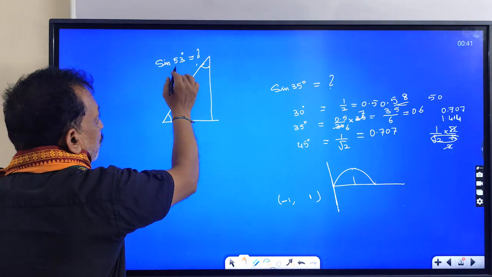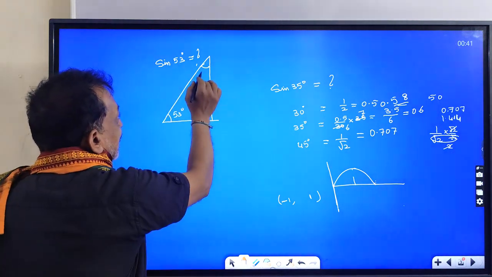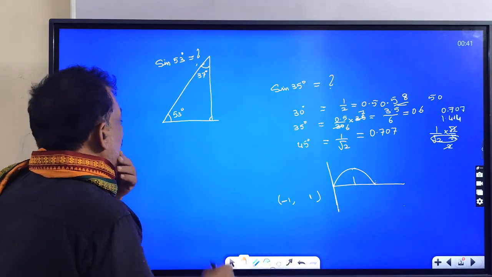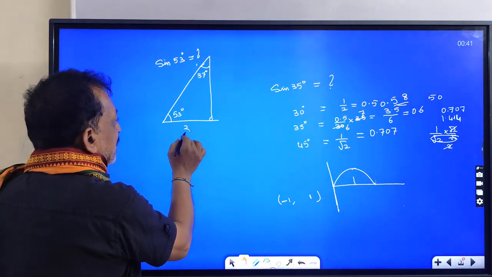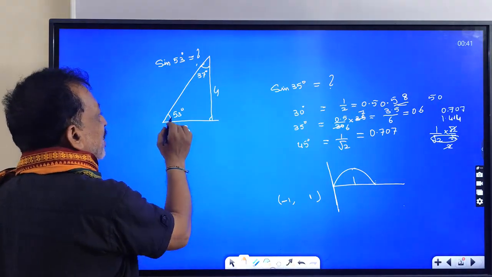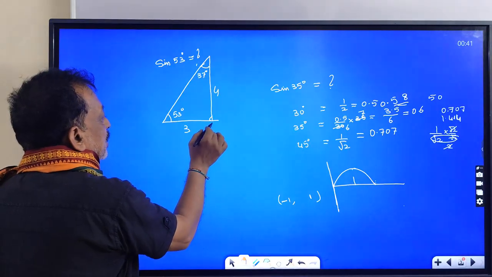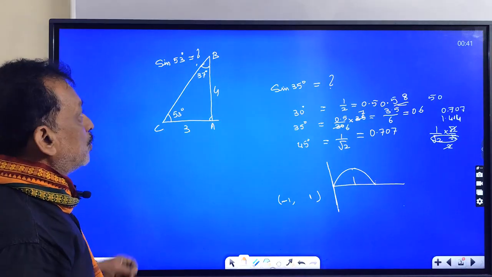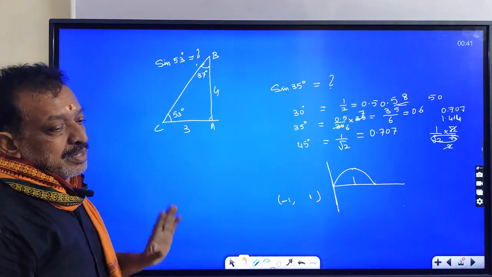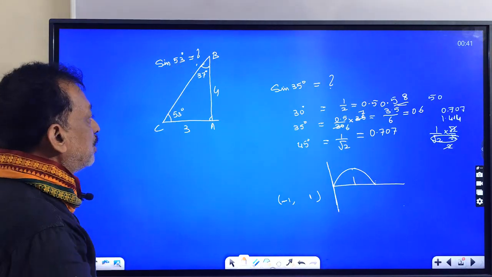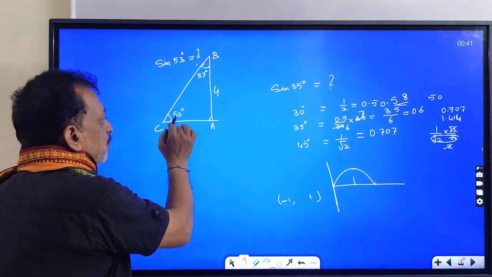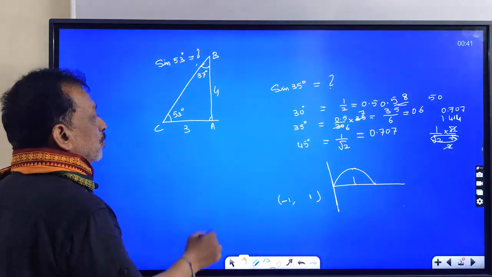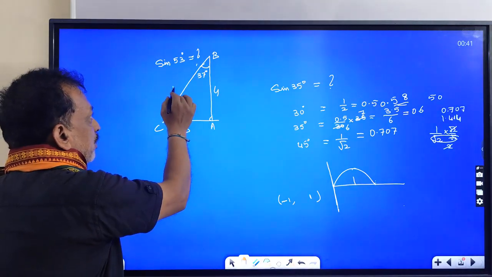This is 53, the next will be 37. This is a right angle triangle. Now this will be 3, this will be 4. Then you can take ABC as the right angle triangle. Now if you want to find sine 53 degrees, try to remember that. This is 53, the length will be 3, and for 37, this length will be more. So this hypotenuse value becomes 5.